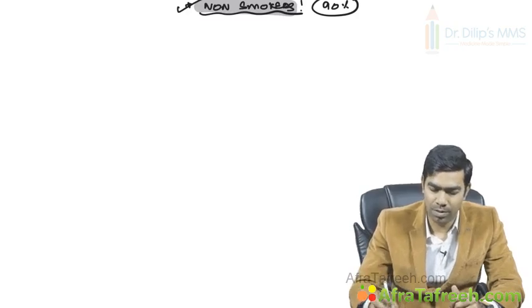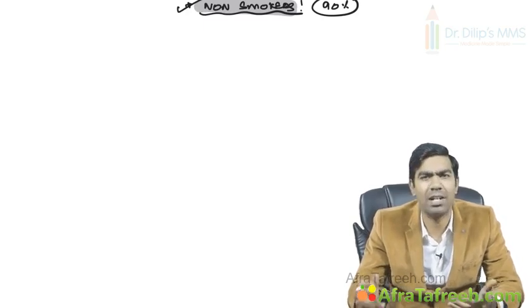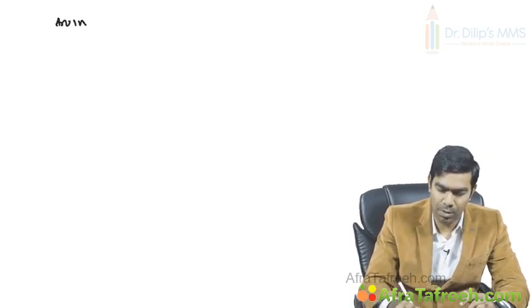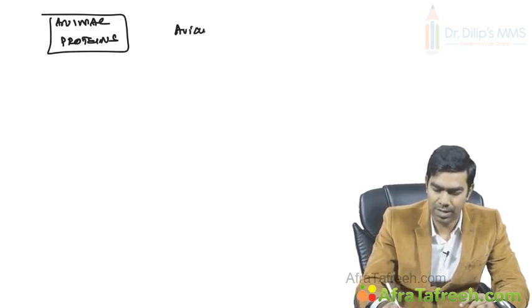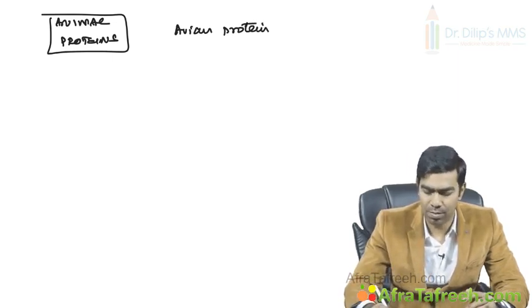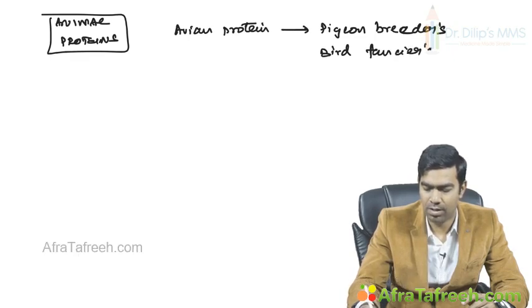Then, what are the sources of these antigens that might result in different hypersensitivity pneumonitis? The names are different, but still it's a generalized term, hypersensitivity pneumonitis. Let us see what are the antigens that are responsible. Now, you have a lot of animal protein related things that can lead to hypersensitivity pneumonitis. The first one and the most important animal protein is avian protein. Whenever you get a hypersensitivity pneumonitis because of these avian proteins, that is referred to as pigeon breeder's lung, or otherwise referred to as bird fancier's lung. Clear?